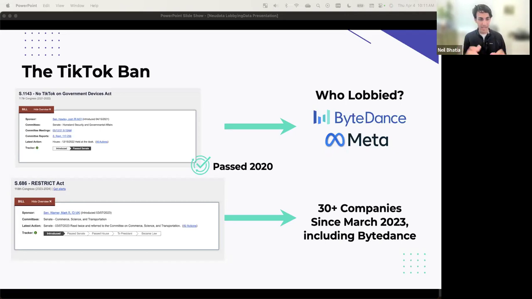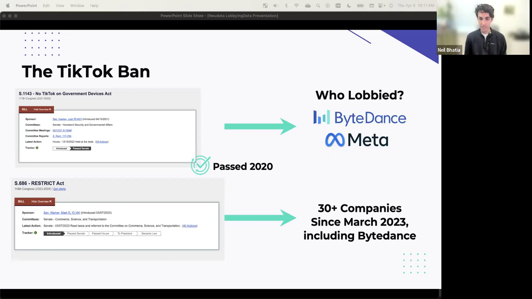That's the Restrict Act. So at the time, we monitored lobbying reports just after the bill's introduction in March of that year, and found that since the bill was introduced, at least 30 companies sought lobbying representation to advocate on the issues concerning the Restrict Act.